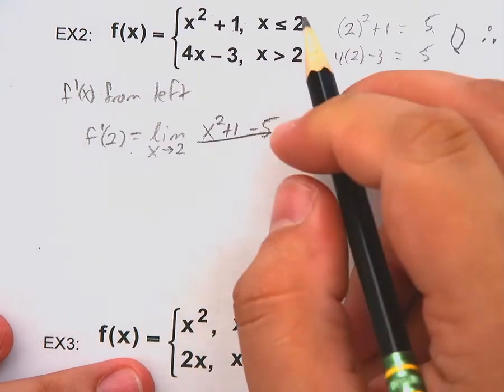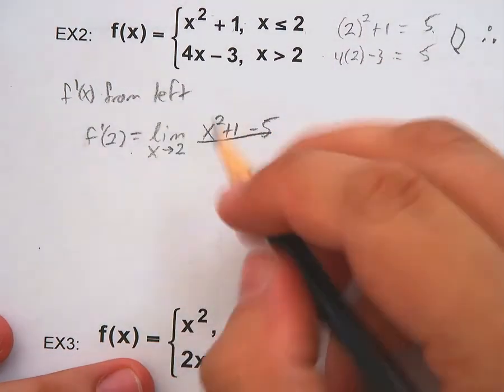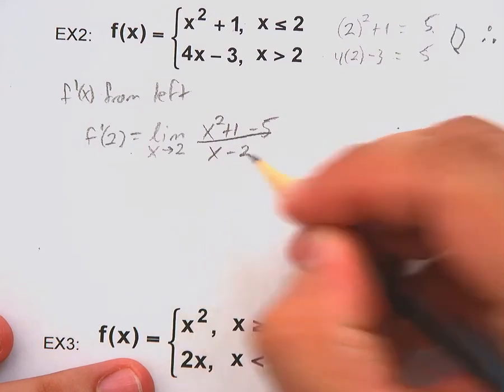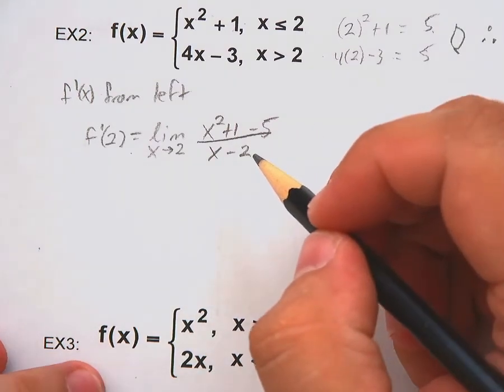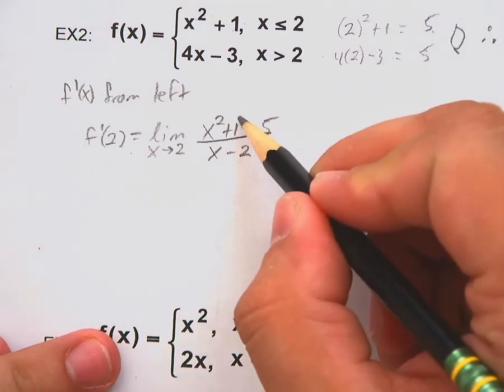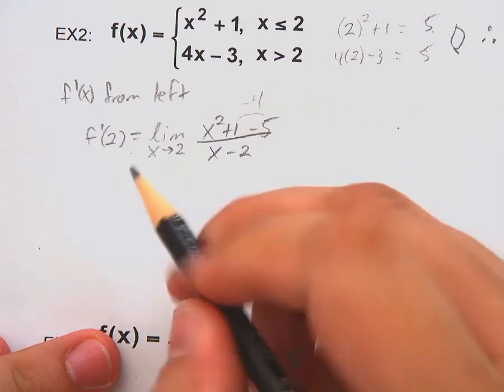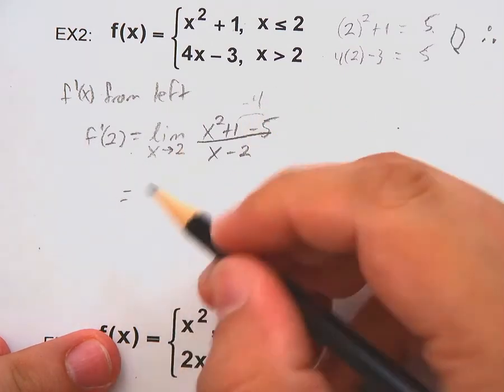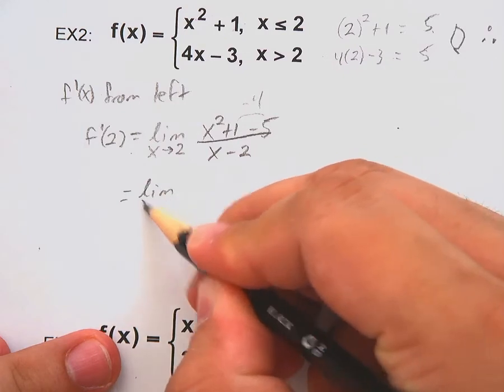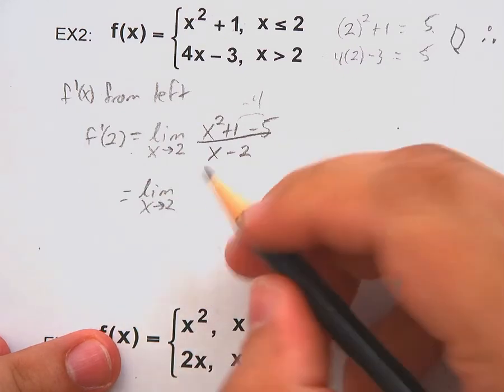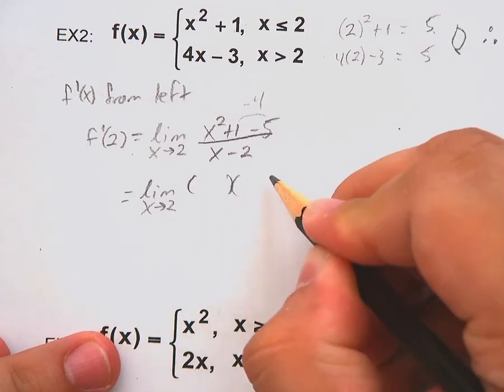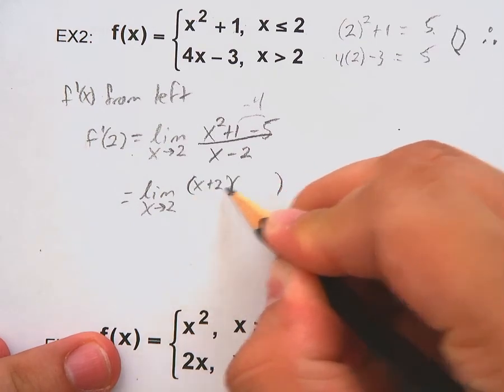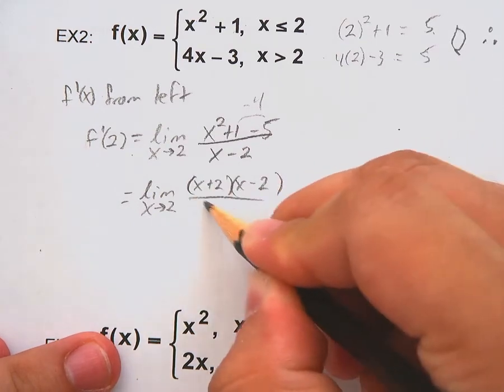Remember, c is where we might have an issue, over x minus c. So these two combine to give you minus 4. So let's set this up here. This is going to be the limit as x goes to 2 of, let's split that thing up here, x plus 2, x minus 2 over x minus 2.